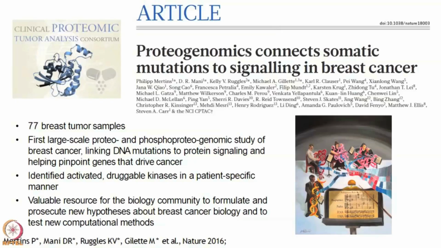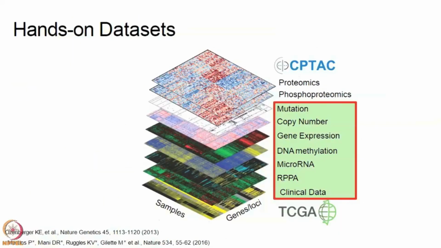We looked at druggable kinases in a patient-specific manner, and it was really to provide a resource for the community, just like the TCGA did, but now adding proteomics and phosphoproteomics to it. So for this hands-on, we're just going to look at the genomics data since that was what I was tasked with. We're not going to do a proteomics analysis yet, but we're just going to look at some of the TCGA-based genomics data from the 77 samples that we looked at.